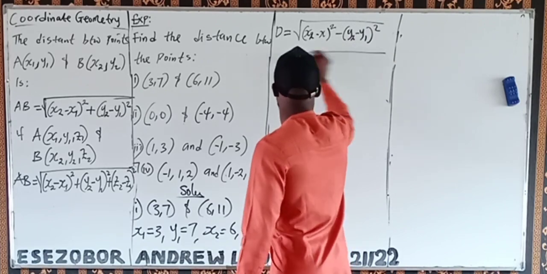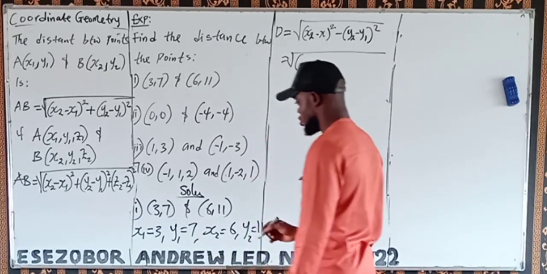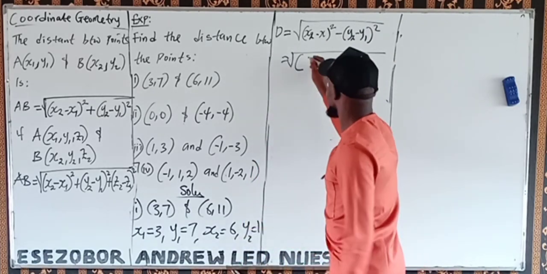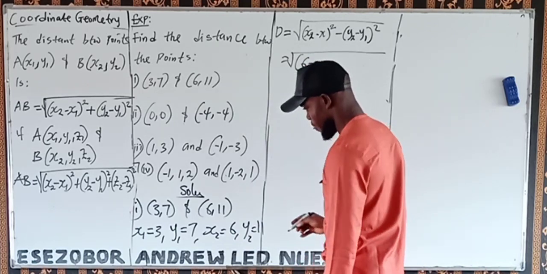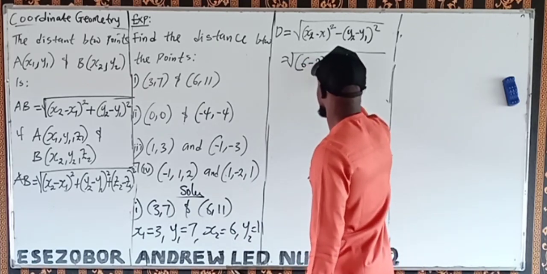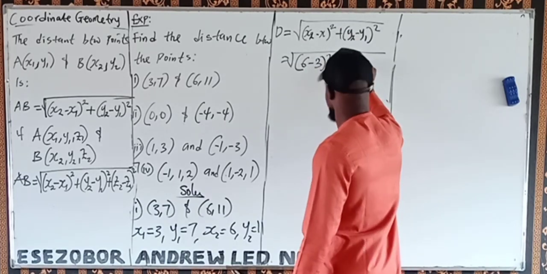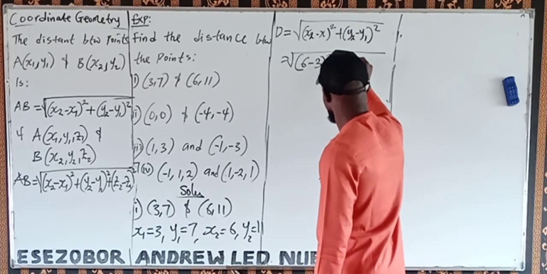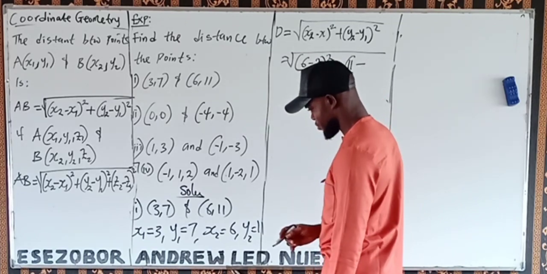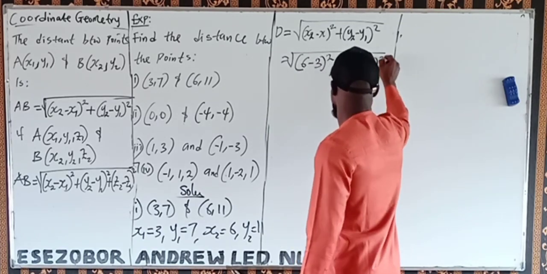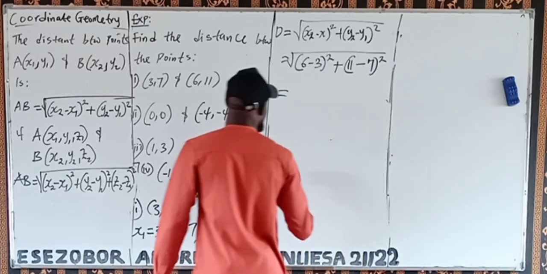That will give us the square root of, what is x2? Our x2 is 6. That is (6 minus 3) squared plus, what about y2? (11 minus 7) squared. That is going to give us something very nice.